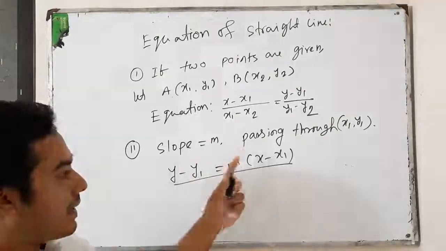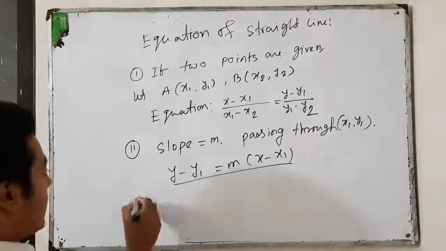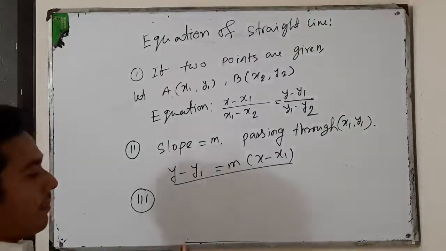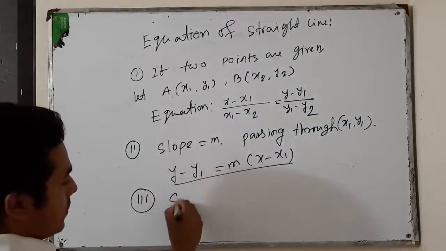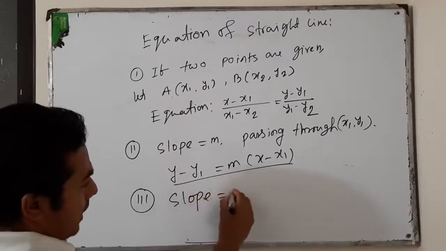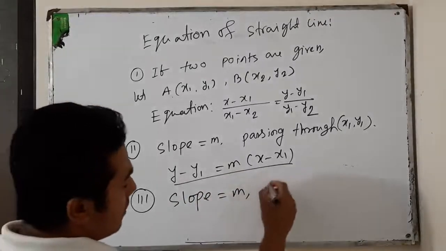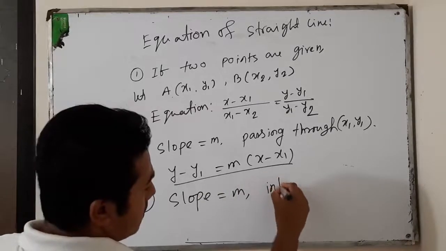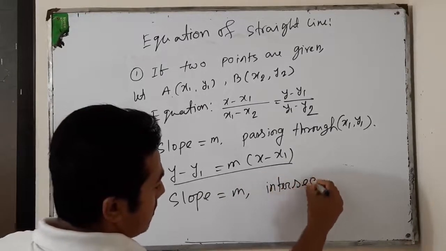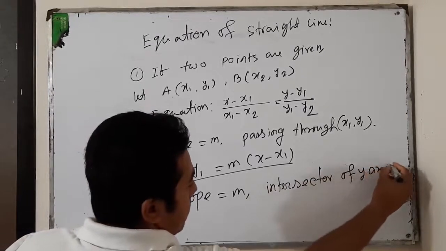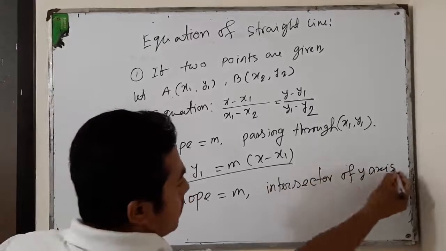You have to memorize it carefully. And the third option is, if the slope m of a straight line and the y-intercept are given, then y is equal to mx plus c.